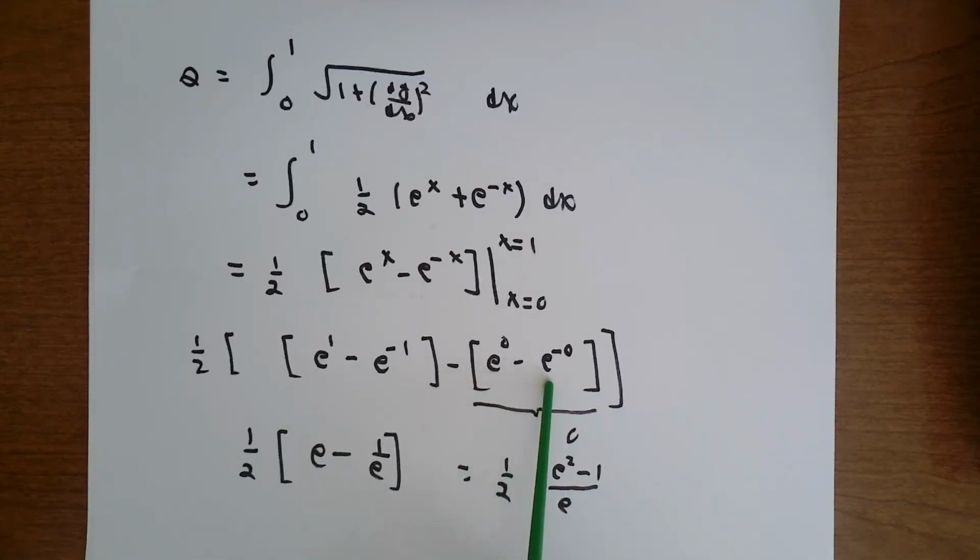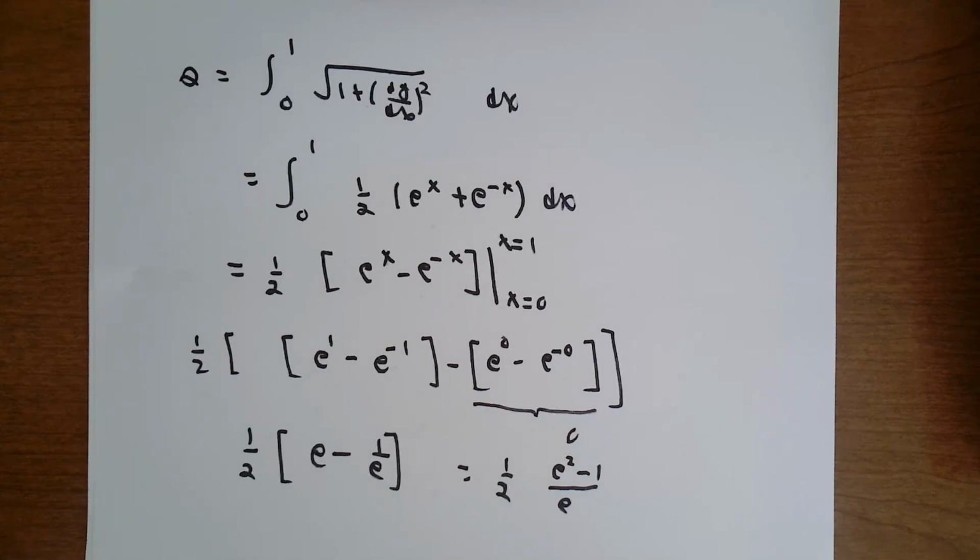E to the negative 0 is also e to the 0, which is 1. These two bits cancel each other out, so I'll ignore them. This is e minus 1 over e. A perfectly acceptable answer is 1/2 multiplied by e minus 1 over e.